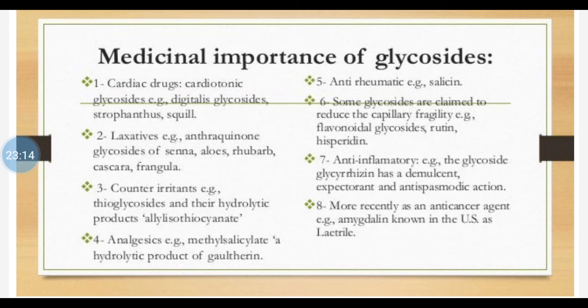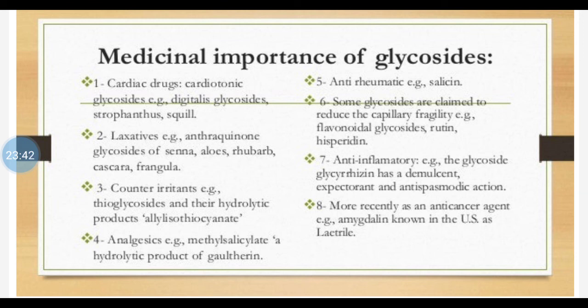Then we must know the medicinal importance of glycosides. We know so many glycoside containing drugs we have covered, and there are different classes of glycosides, isn't it? They have a role in curing many diseases, like cardiac drugs, cardiotonic glycosides.